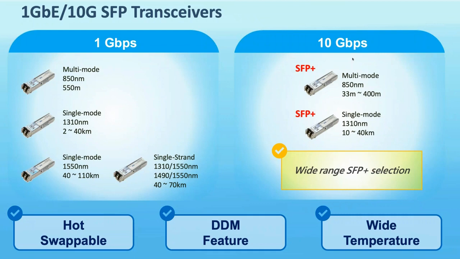Obviously, we're dealing with gigabit and 10 gigabit, so quite often we may be using fiber optics for the connectivity. In the world of 1 gig Ethernet, we have a series of SFP transceivers supporting multi-mode fiber, single mode, and also single strand fiber.